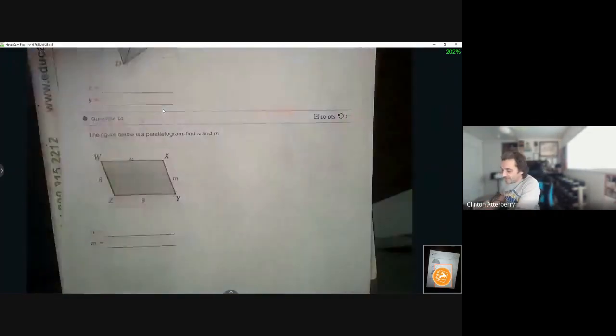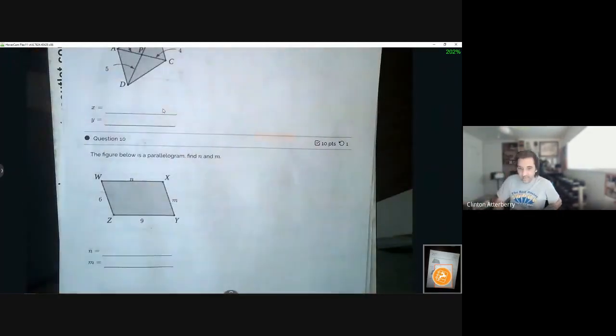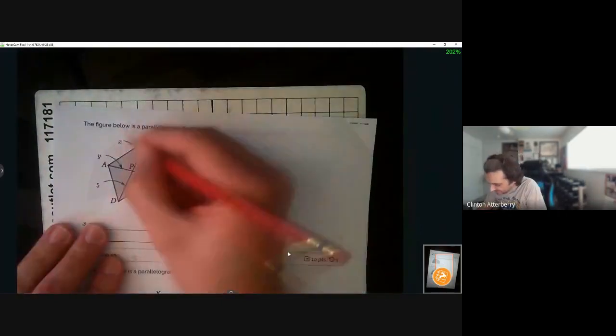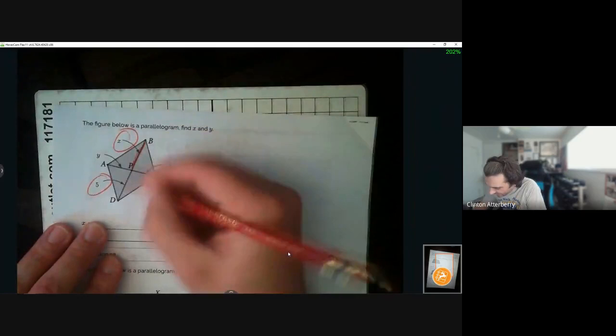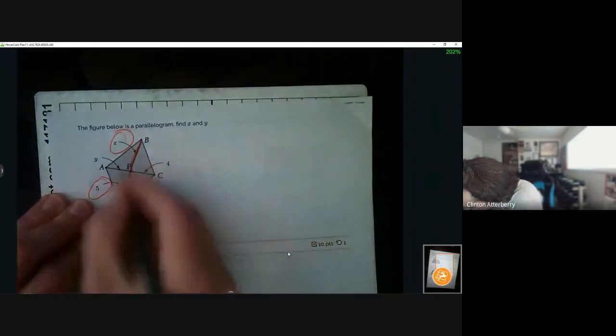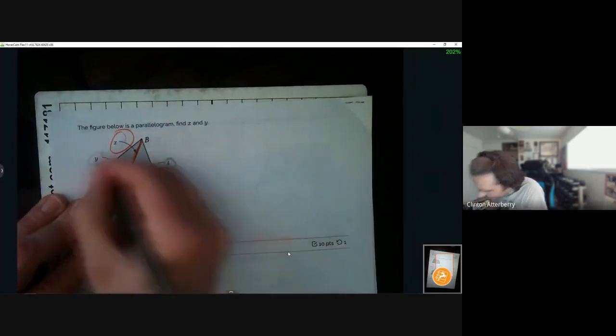Okay, two more to go. This one is the same, but probably a lot easier, much easier than number 8. Those pieces there are the same. These pieces here are the same.